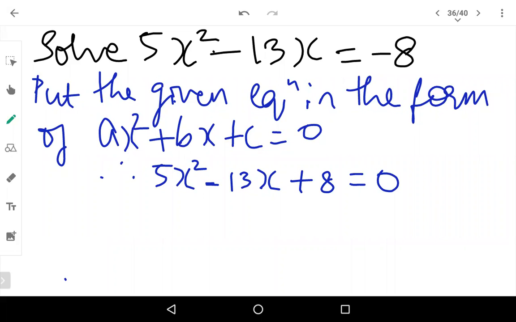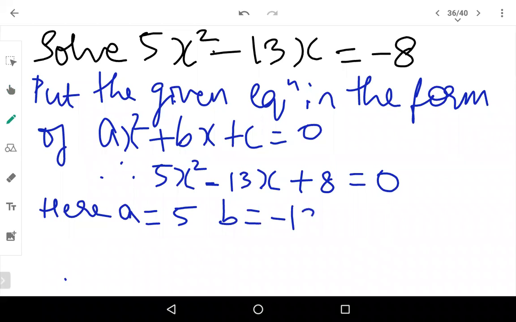Now, since we had this in a different format, we have got it into the format of ax square plus bx plus c is equal to 0. Yeah. Sindhu, correct. The answer is right. Okay. Now, let us solve it. So, here a is equal to 5, b is equal to minus 13, c is equal to 8.